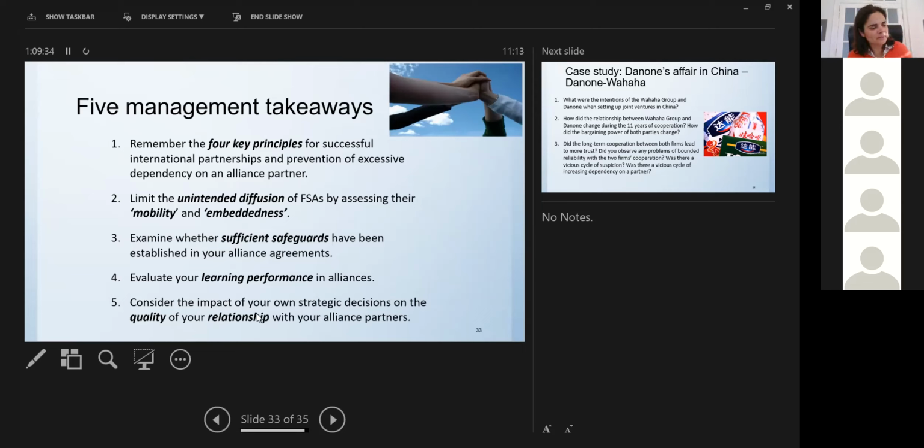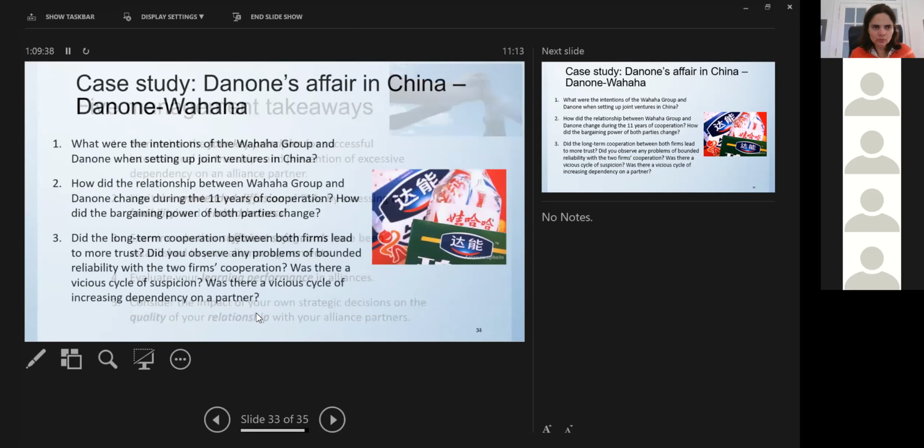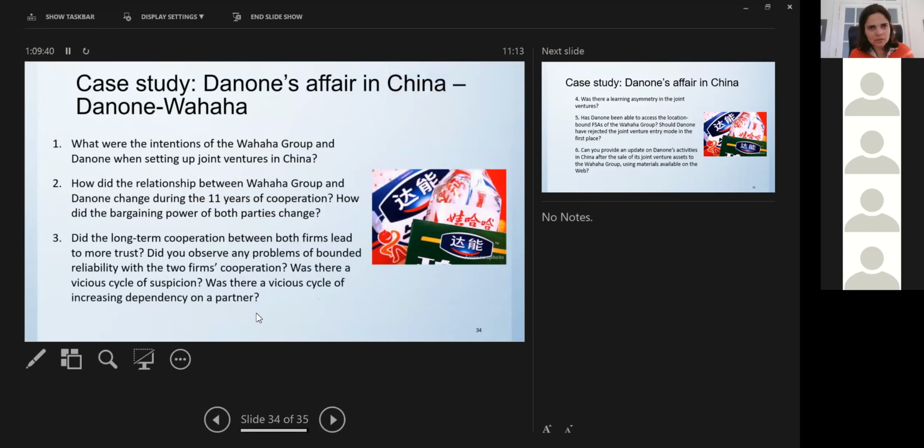Now, there is an interesting application, and that is the application on Danone and Wahaha, which lasted a long time, and in 2009 they split. Danone is an interesting company, of course. Their first markets are France and Spain, but then China and the US.